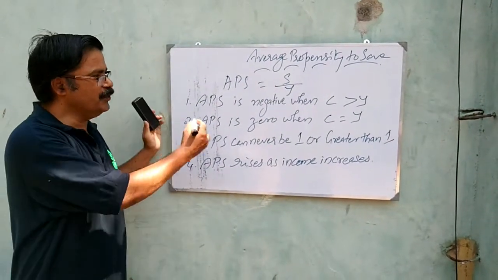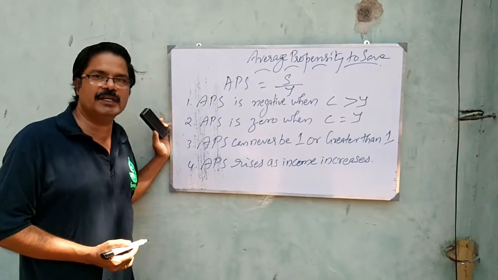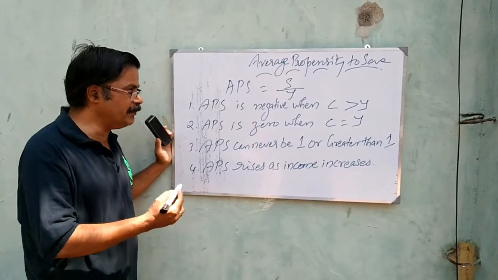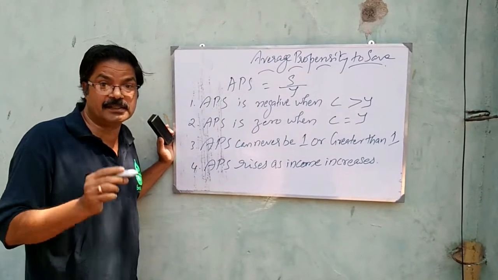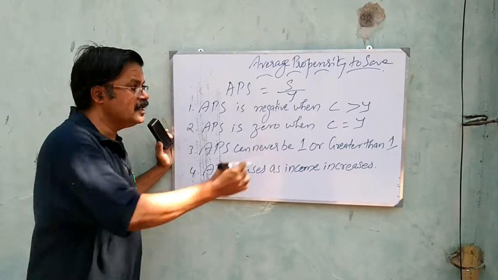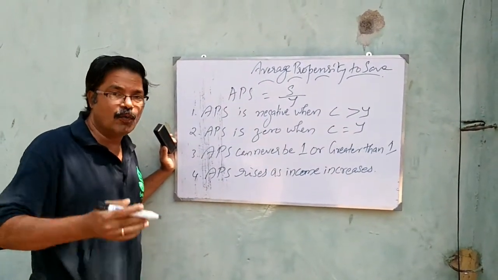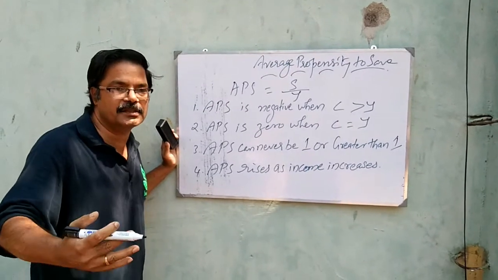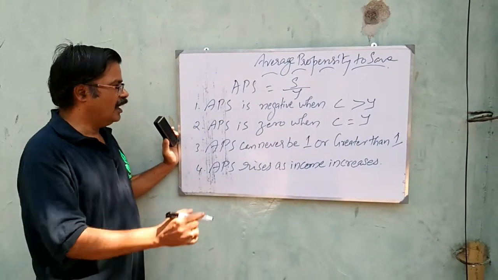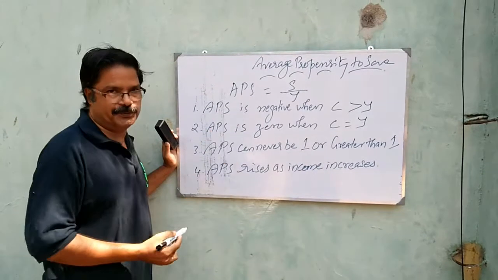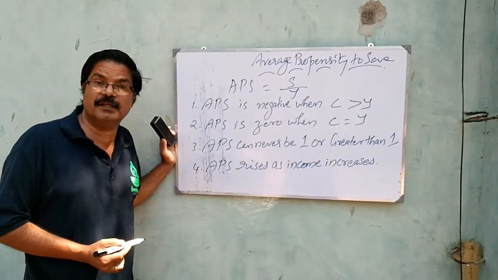Now let us learn few important points about average propensity to save or APS. Remember, APS is the ratio between saving and corresponding level of income. It tells us what part of our income is being saved. Now APS can be negative. When is APS negative?